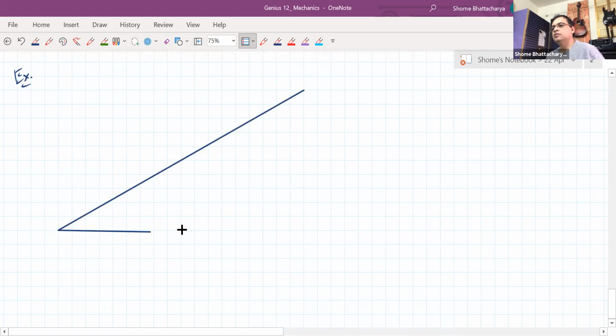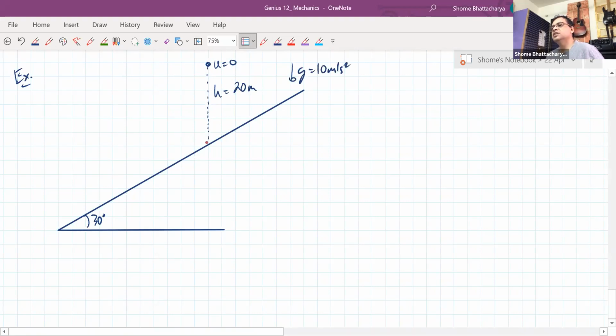We have an inclined plane of 30 degrees, and a particle is dropped from a height of, let's say, 20 meters, with u equal to 0. g is equal to 10 meters per second square.